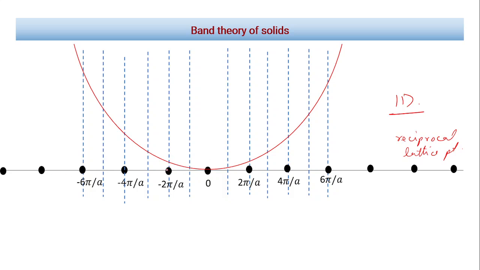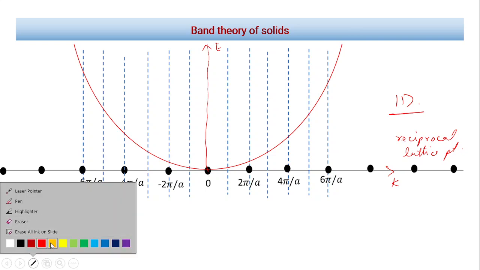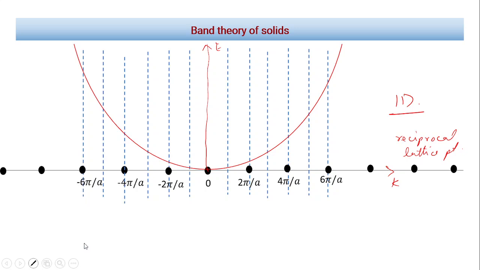If I take this point as origin and then E versus K, this is my E. Then my graph, which initially looks like this, will distort. I'll tell you how it will change. Let me take some other color. So it changes to something like this.